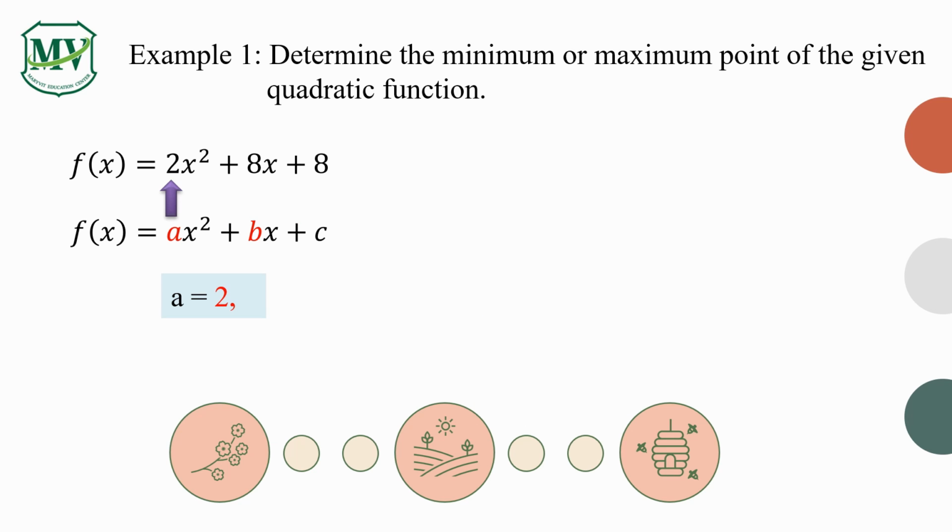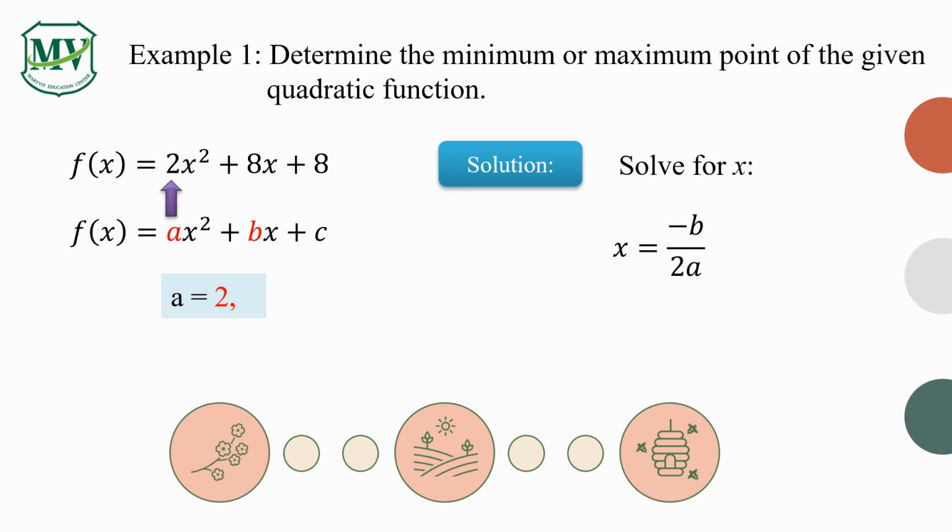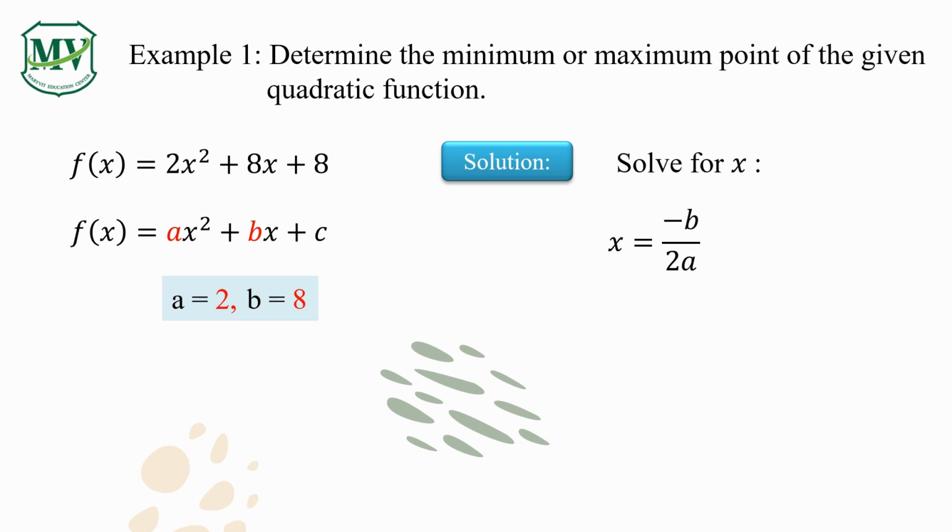To find the minimum point, solve for the value of x using the formula x is equal to -b over 2a. From the given quadratic function, the value of a is 2. The value of b is 8. Replace b and a using their values.